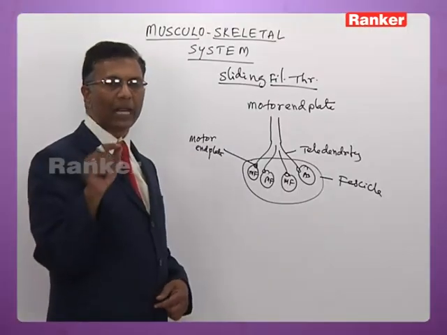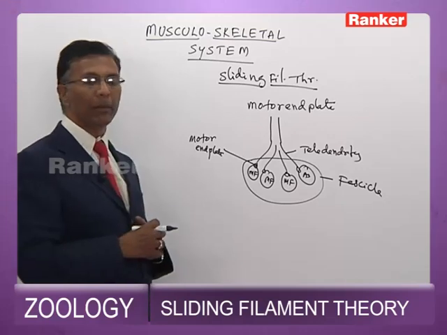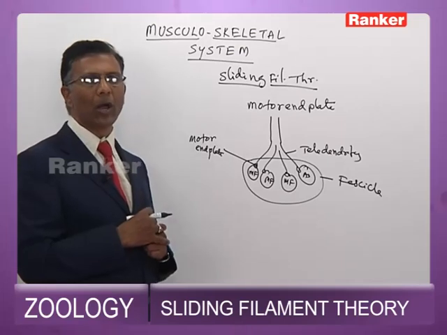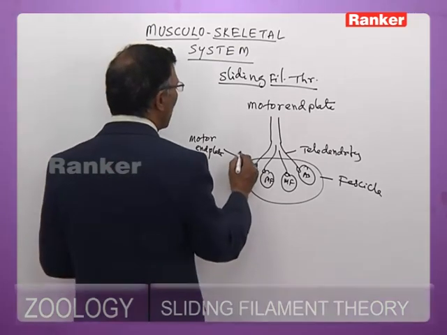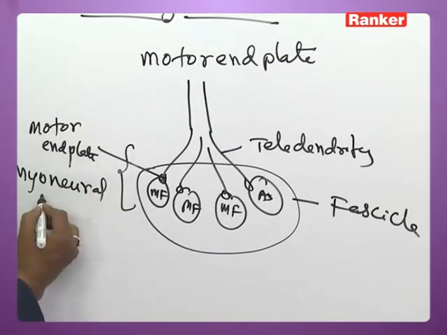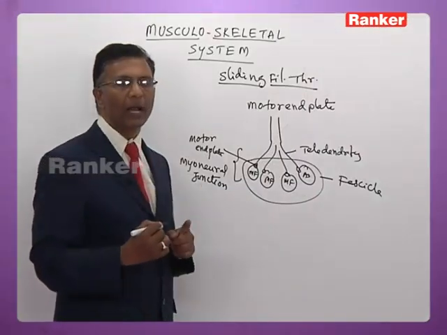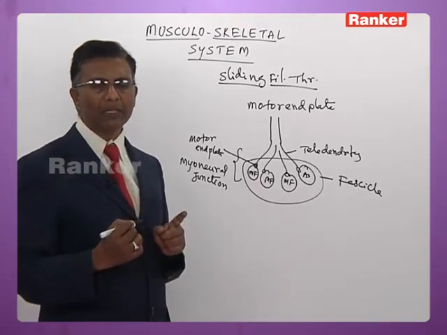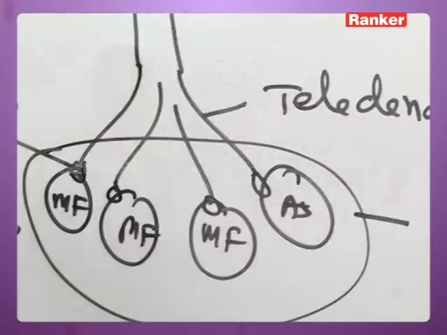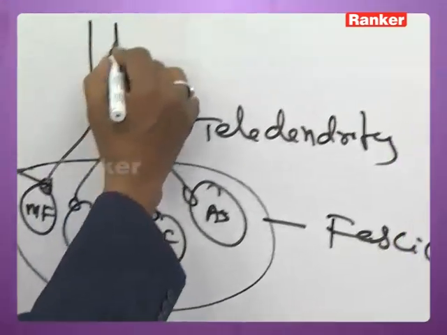The terminal button of a telodendrite that forms a synapse with the sarcolemma of a muscle fiber is called the motor end plate. The synapse that exists between the telodendrite of a motor neuron and the muscle fiber is called the myoneural junction, or neuromuscular junction. All the muscle fibers of a fascicle are under the control of one motor neuron.